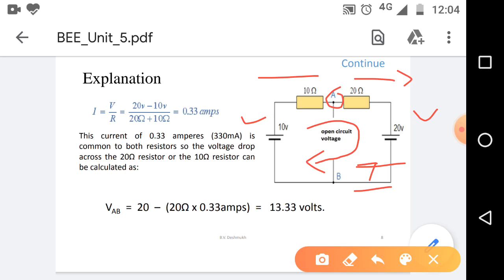It means that if we consider B as the ground voltage, then the 20 volt source behaves like a rising voltage and the 20 ohm voltage drop behaves like a dropping voltage. The rising voltage minus the dropping voltage gives the voltage across the AB terminal, 13.33 volt. This voltage is called the open circuit voltage or Thevenin's voltage.